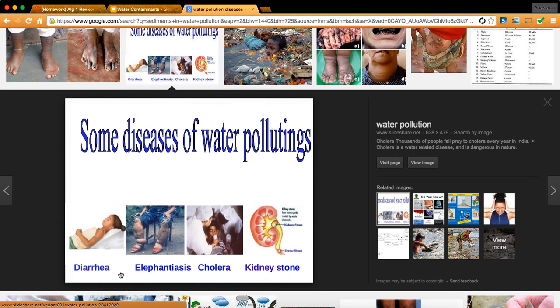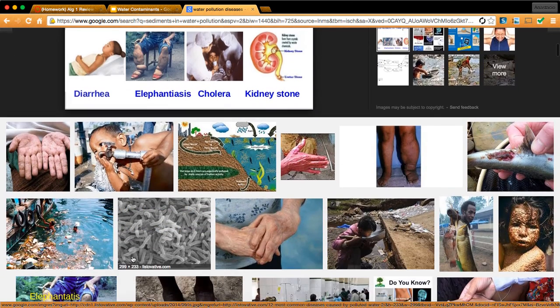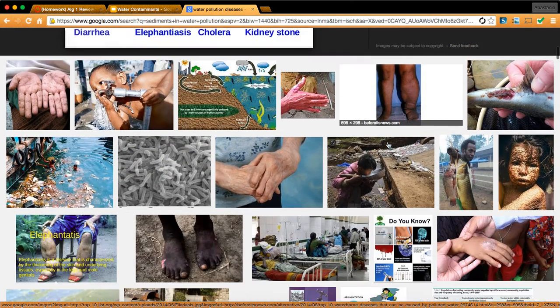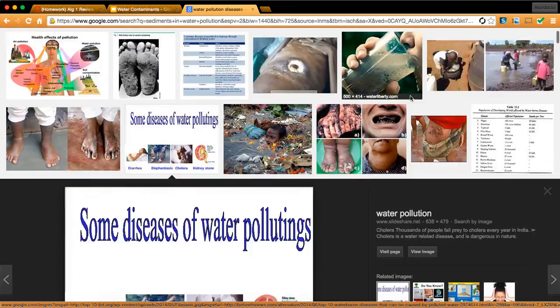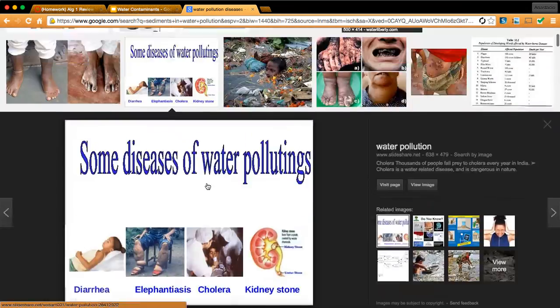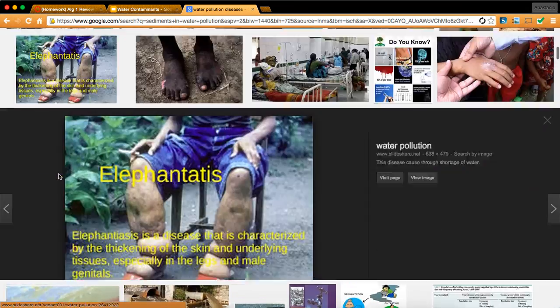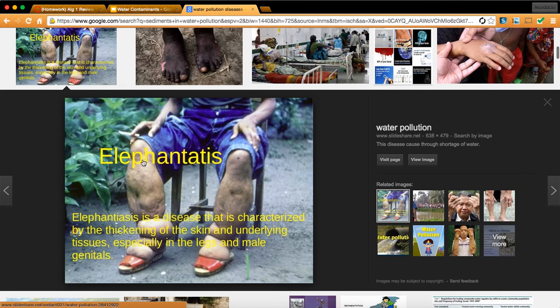Let's see. Elephantiasis. That one's a crazy one. I think this might be a picture of elephantiasis. Well, I don't want to say gross. It's a disease, and it's very sad to see this happen to people.